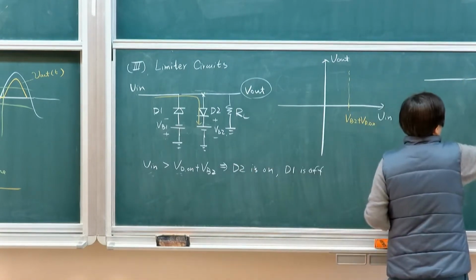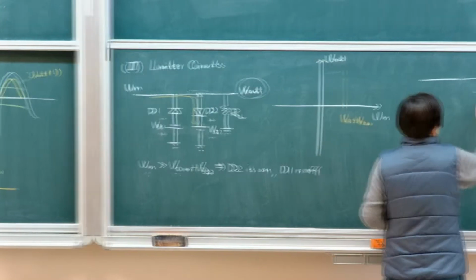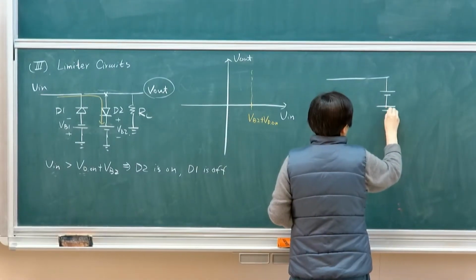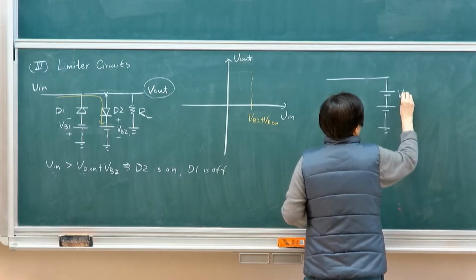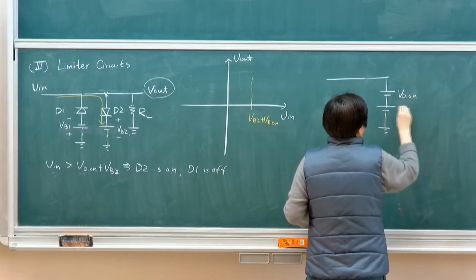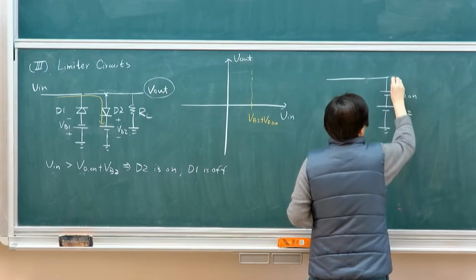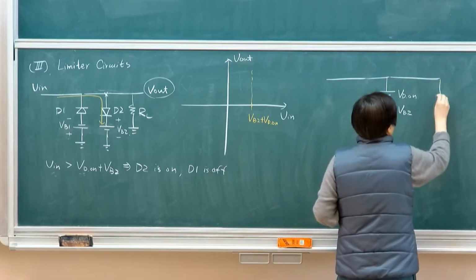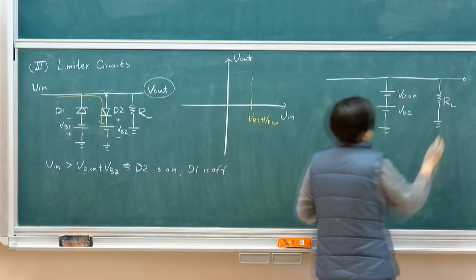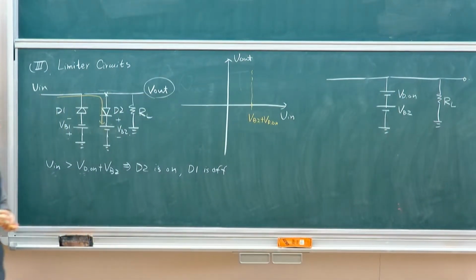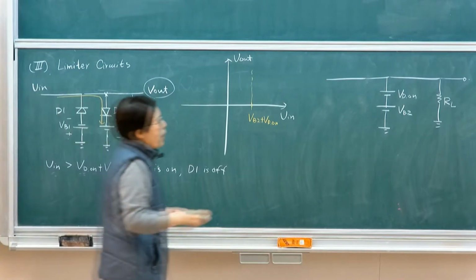Because that's off, you don't need to consider it. This will be a voltage source and another voltage source, VD on plus VB2. Load 0. Okay, if this is the case, what happened to your output, VL?